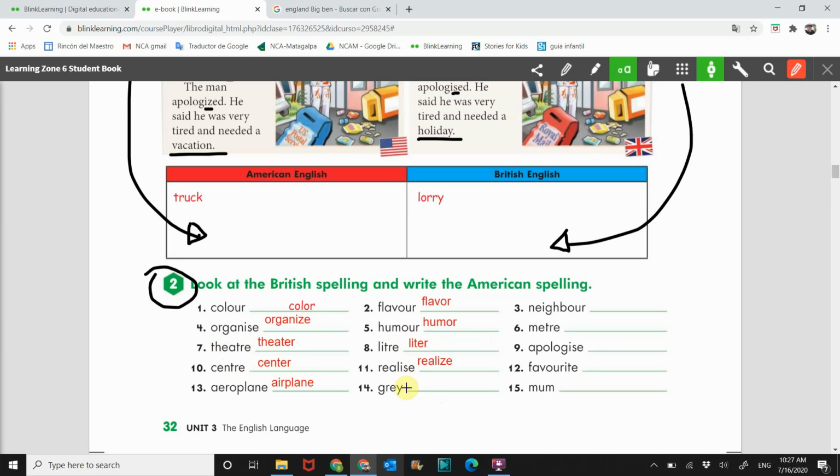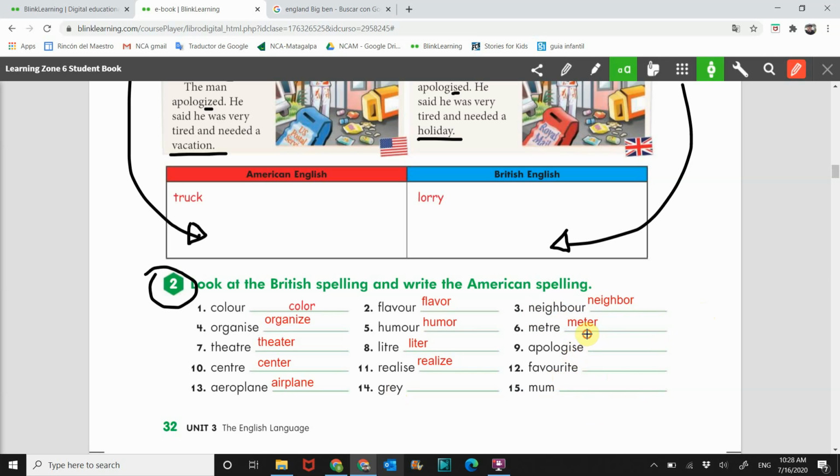And gray, this one is tricky. We'll come back to this one after we finish these. So neighbor, this is the same. Notice it's O-U-R. So we're going to spell it N-E-I-G-H-B-O-R. Meter is the same as the other ones with R-E.